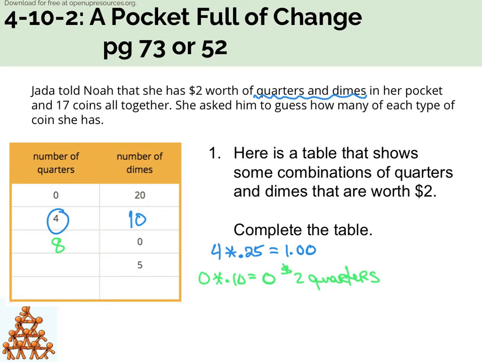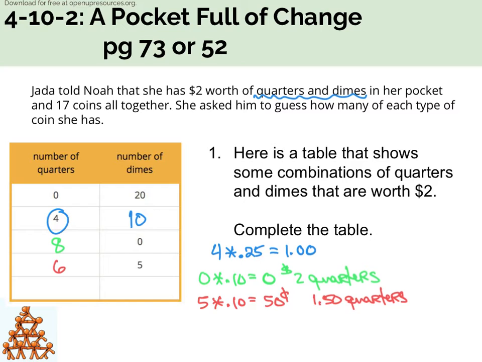We have 5 dimes. So I have 5 times 0.10 is 50 cents, right? And I need $1.50 in quarters. So 4 makes $1. And then I just need 50 cents more. Oh, that's going to make it 6.